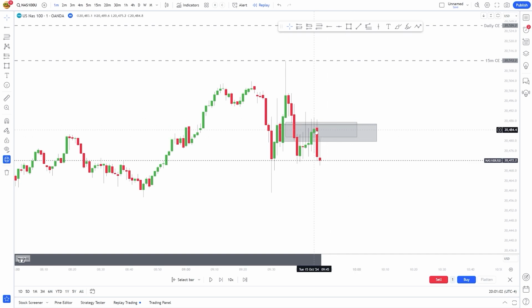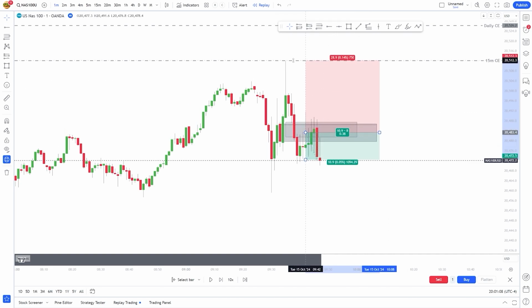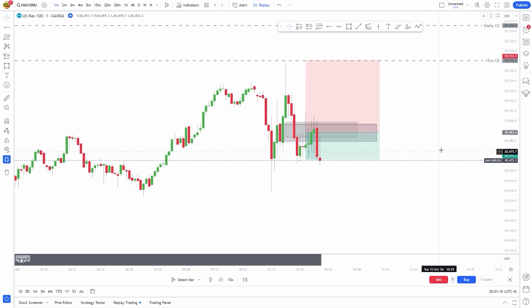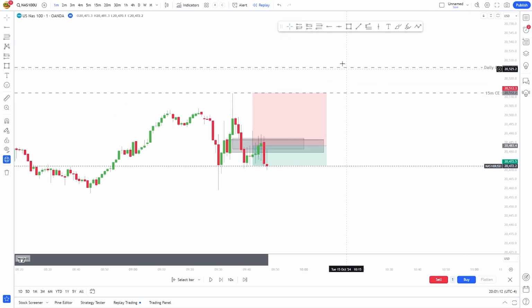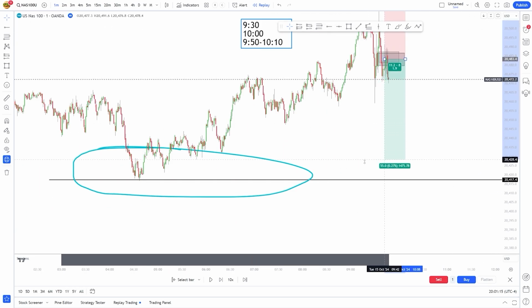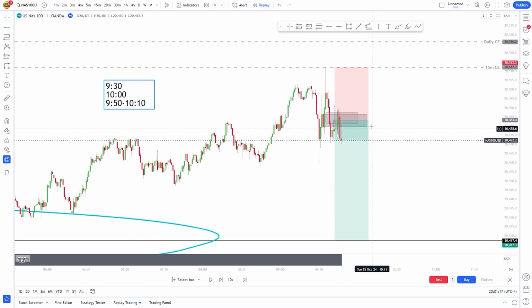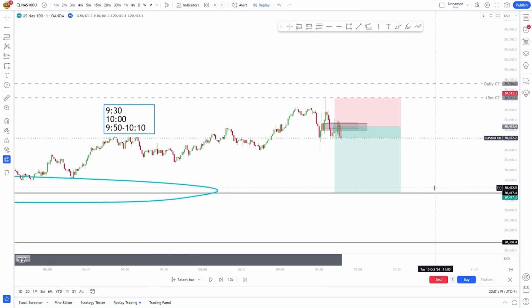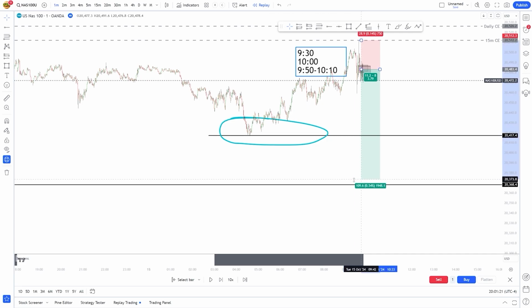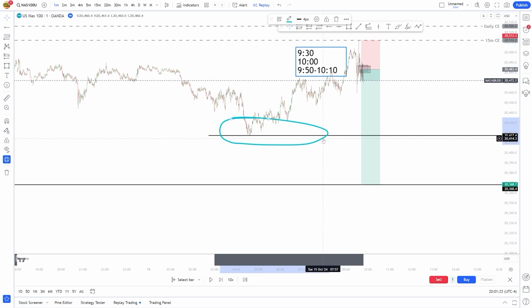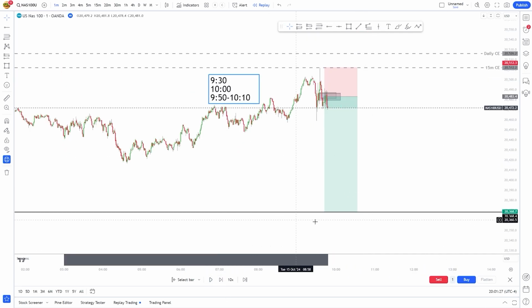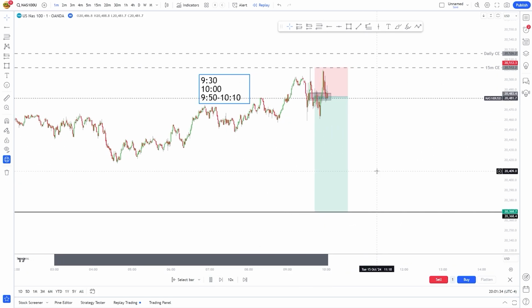Here we can use it as an area of strength, and we can have a short position here with the stop loss at this consequent encroachment level, where we're probably going to be wrong if it does hit, and the targets would be all the way down here with a 1 to 2. Second targets could be here, leaving us with a 1 to 4. Okay, now with the trade being set, let's see what happens.